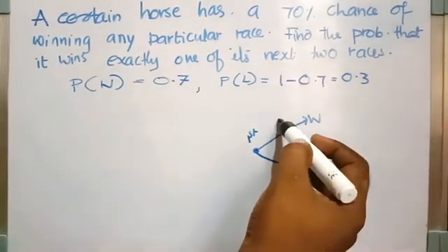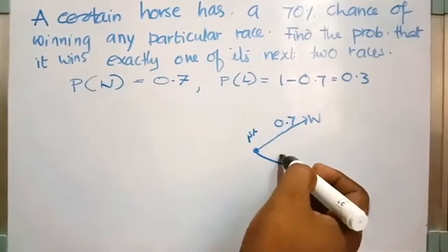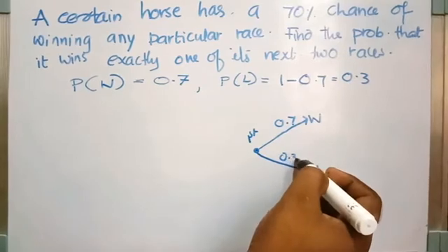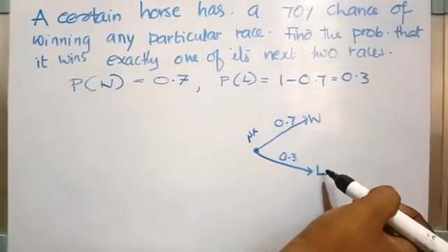If it wins, the probability will be 0.7, loss 0.3. So this is the chance of the first race.